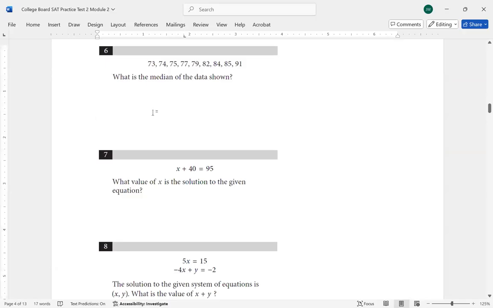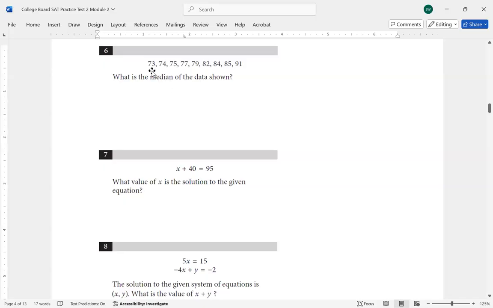Question 6 says, what is the median of the data shown? Now, the median of the data is the middle value. Since there are 9 values shown, the middle value is going to be the 5th one in numerical order.